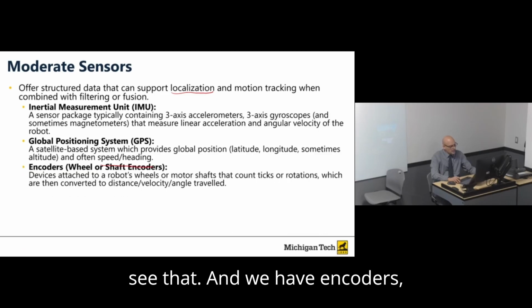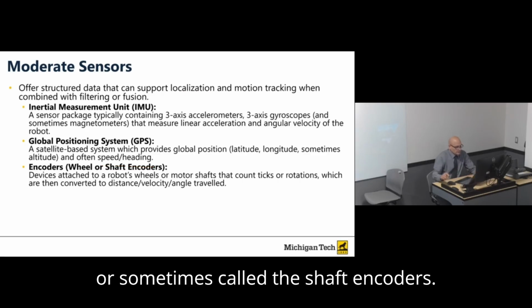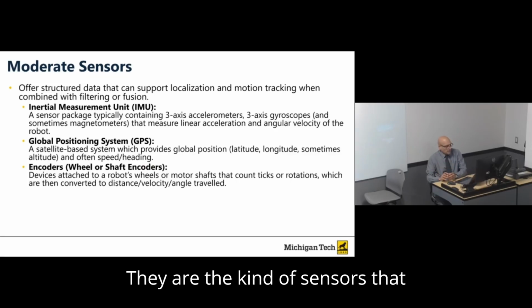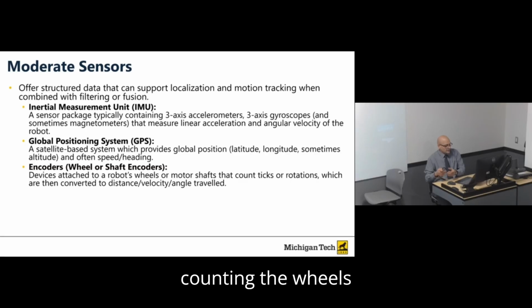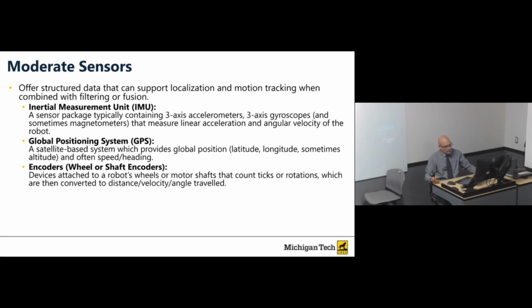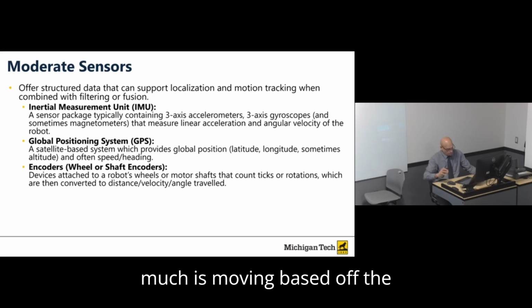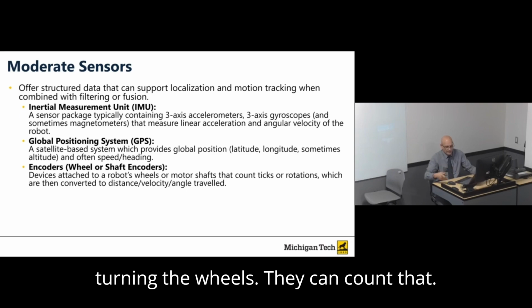We can see that. And we have encoders, or wheel encoders, or sometimes called shaft encoders. They are the kind of sensors that track the wheels' movements to measure the direction of motion and also how much it is moving based off the turning of the wheels.